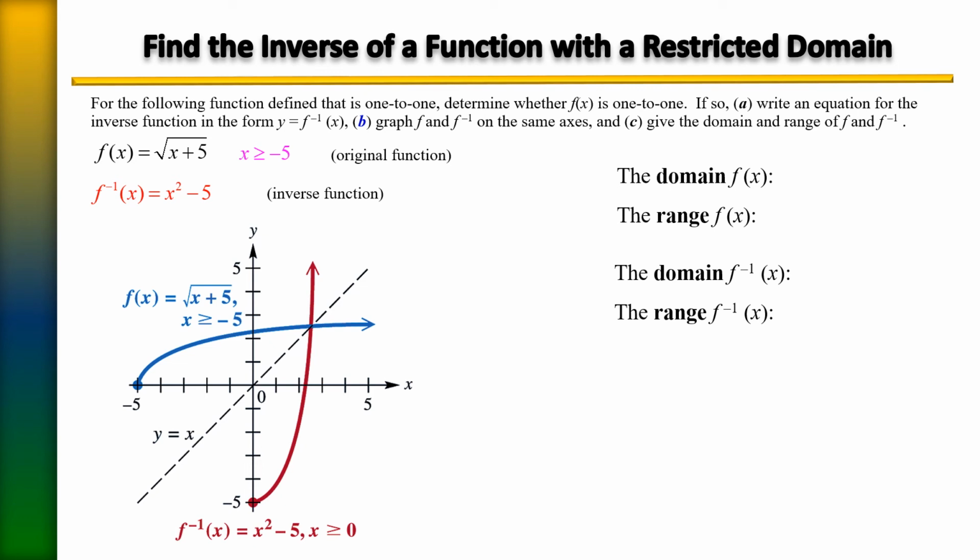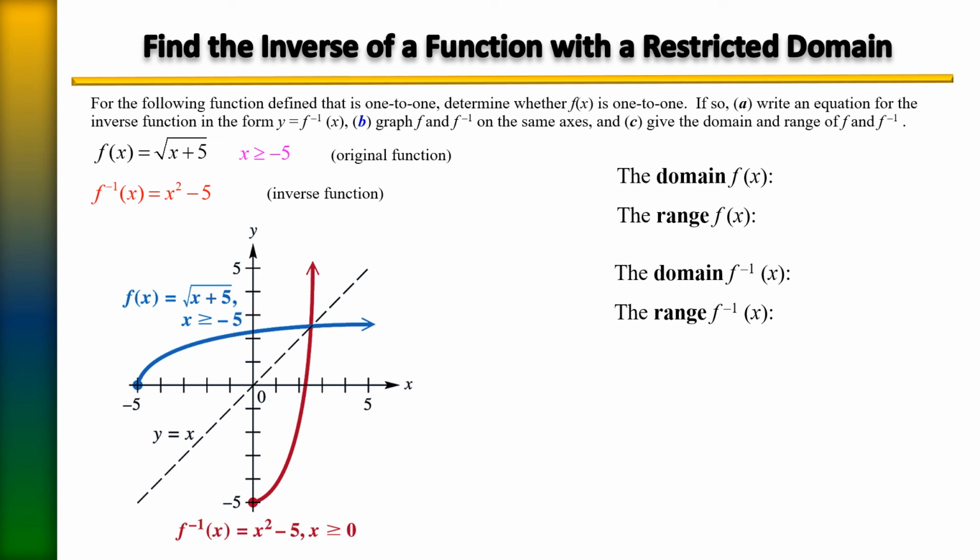Now all we have to do is find the domain and range. Let's start with the function itself, which is indicated in blue markings. The function itself is in blue, its inverse is in red. To find the domain, how much does it extend to the left or to the right?